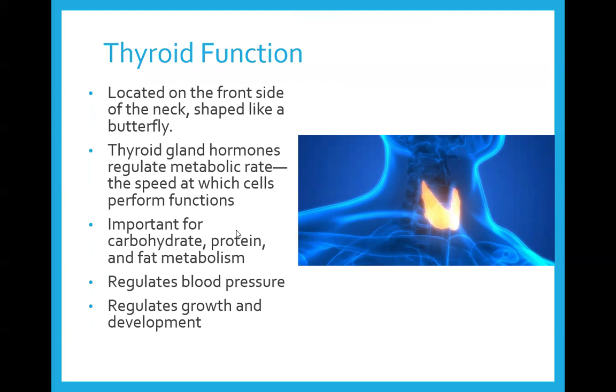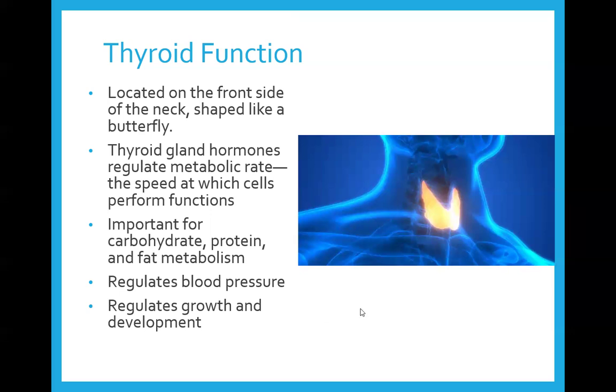It's important for carbohydrate, protein, and fat metabolism. Super important, helps to regulate blood pressure, and super important, helps to regulate growth and development. Thyroid hormones act on virtually every tissue and organ in the body. Super important for overall metabolism, growth, and development.